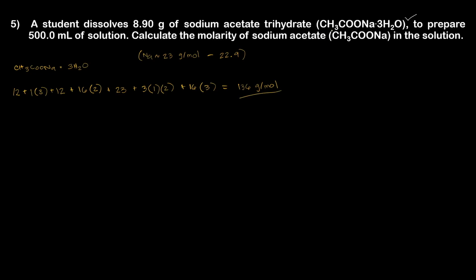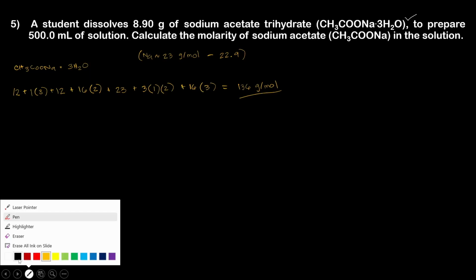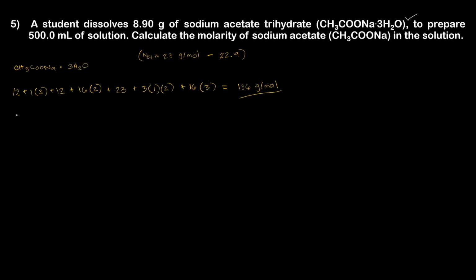So this is the molar mass of sodium acetate trihydrate. Now we can use this to solve for the molarity of sodium acetate. Likewise, let's start with the given grams.